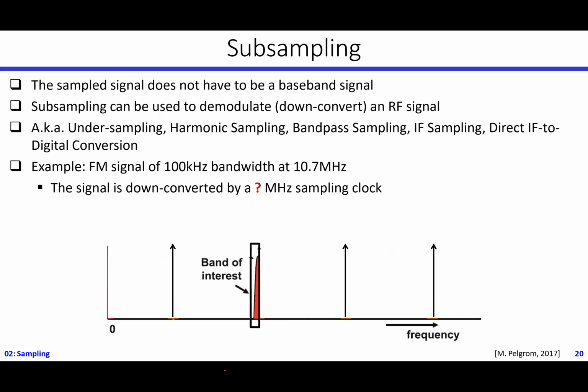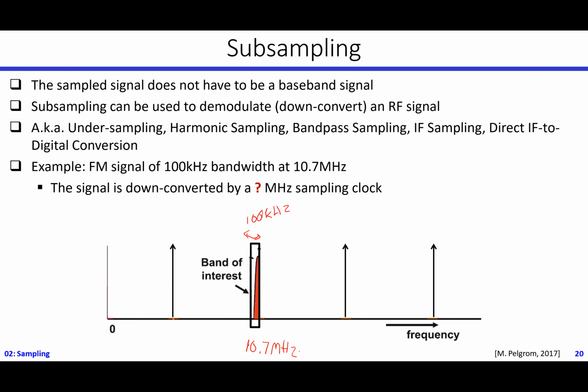Okay, so now let's see this example. If I have an FM signal, I hope you remember what an FM signal is, with a bandwidth of 100 kilohertz. This is 0, and this signal is here at 10.7 megahertz. The signal is down converted, I mean, this signal is subsampled by how much sampling frequency?